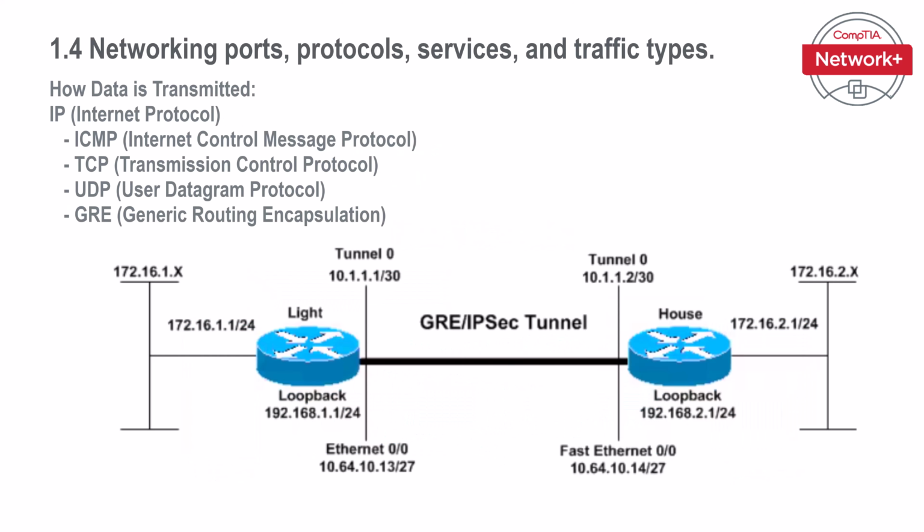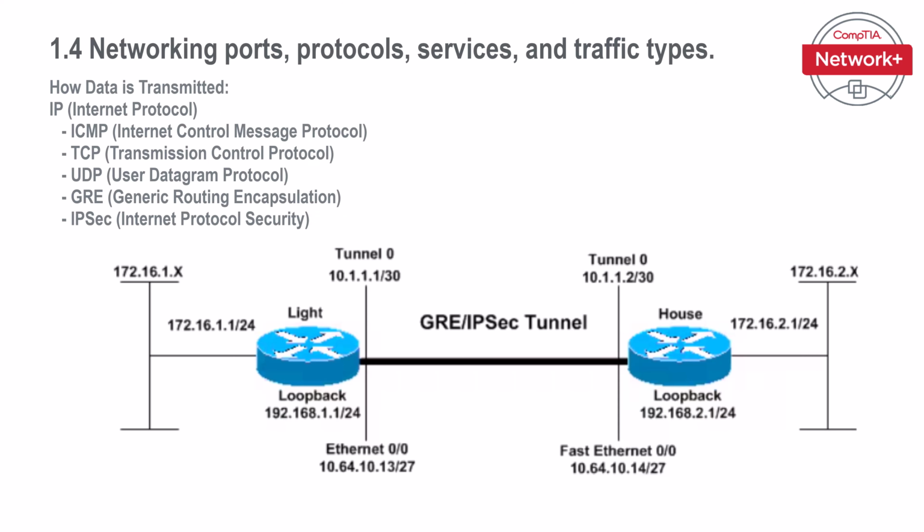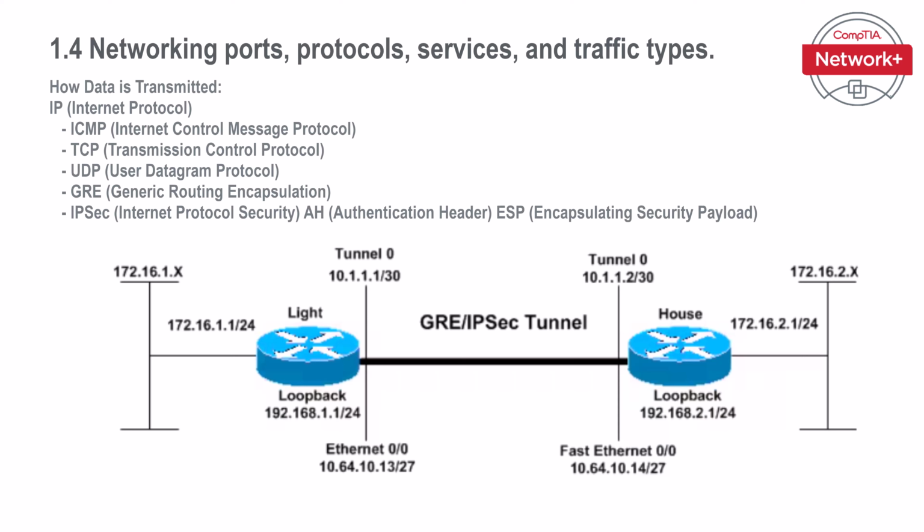Generic Routing Encapsulation, or GRE, is used to encapsulate packets for transmission over different network protocols, allowing for secure communication between remote sites. Internet Protocol Security, or IPsec, is a suite of protocols designed to secure network communications. IPsec includes the Authentication Header, or AH, which provides authentication and integrity for packets, and the Encapsulating Security Payload, or ESP, which encrypts data for confidentiality.